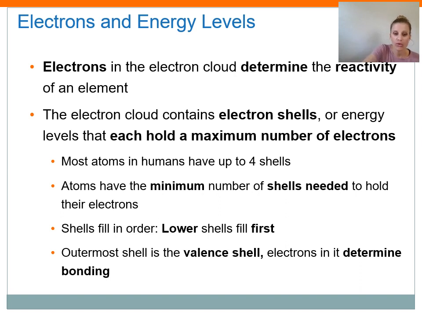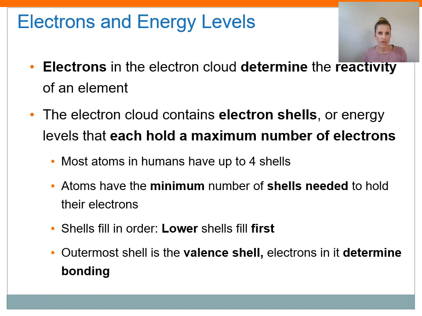Finally, the outermost shell that an atom has is called the valence shell. This is the shell that's important. The electrons that are in this outermost shell are going to determine the bonding or behavior of the atom. So the valence shell is different in different atoms.